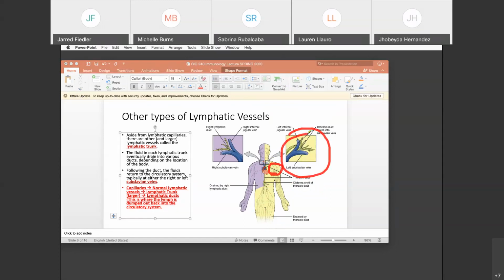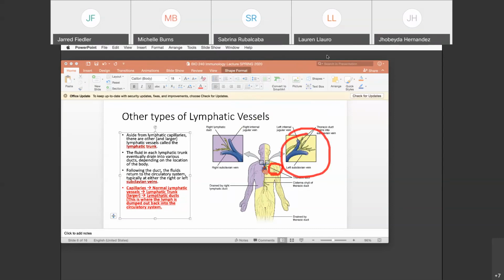And for the right side, it's just the reflected side of it. On the right side, it'll just be the right jugular vein. So the jugulars, guys, is where all the fluids eventually return. It's going to enter the duct, and the duct is then going to deposit everything into the jugulars.